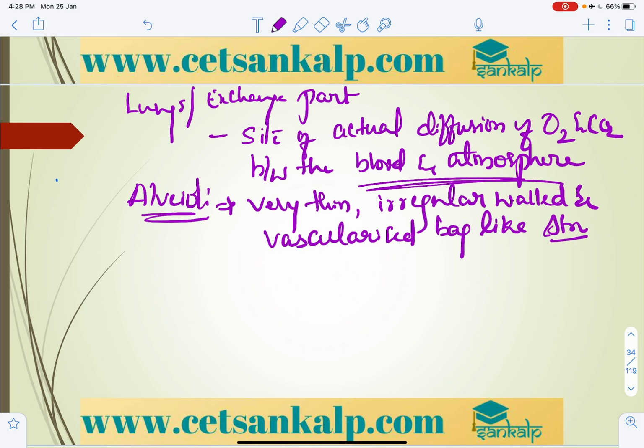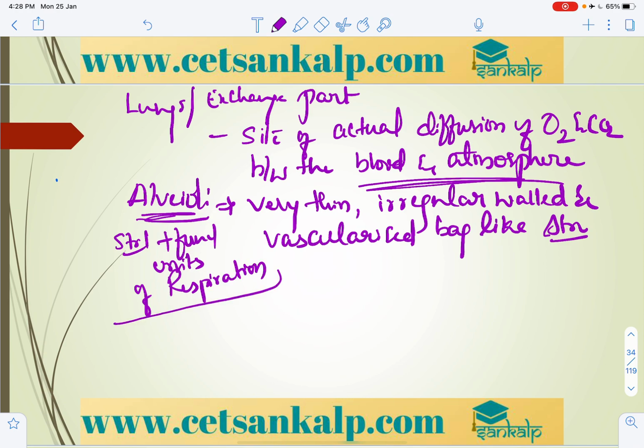These structures play a major role in the exchange of gases. That is why we say they are the structural and functional units of the respiratory system in human beings.